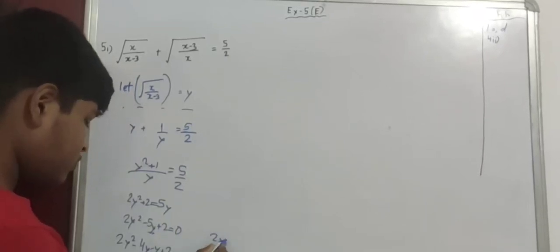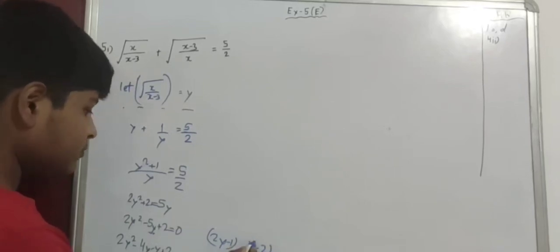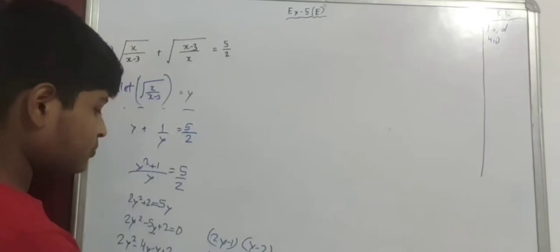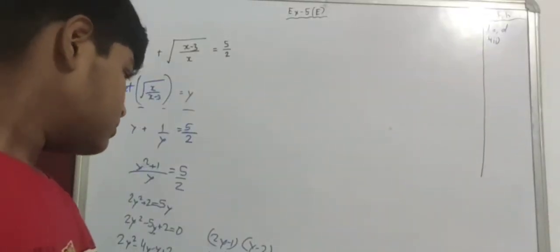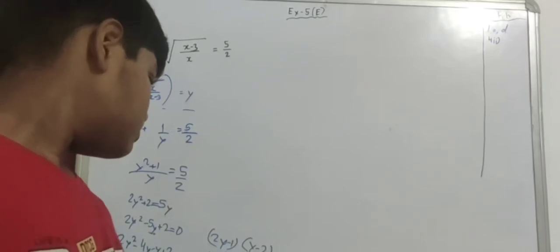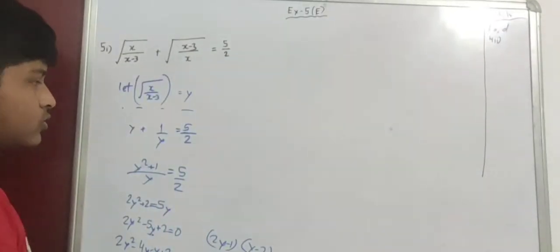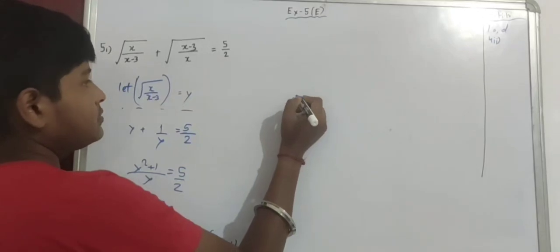You will get 2y minus 1 and y minus 2. So y is equal to 1 by 2 and y is equal to positive 2. So now y is equal to this part. So solve it again further.